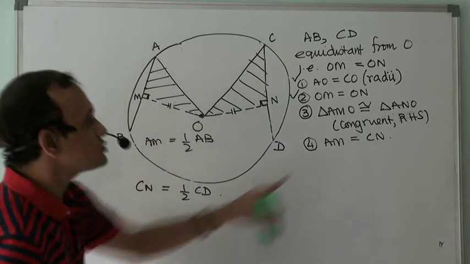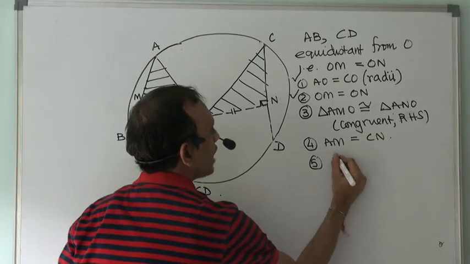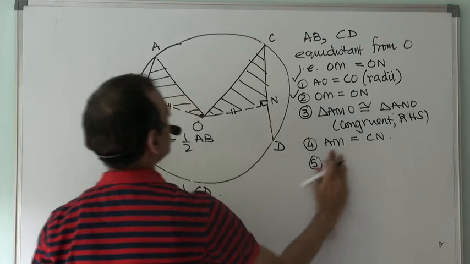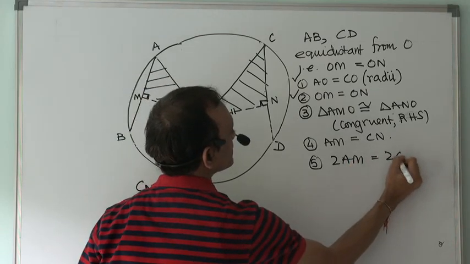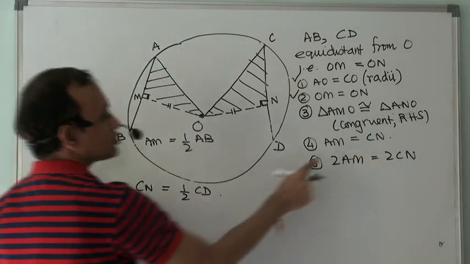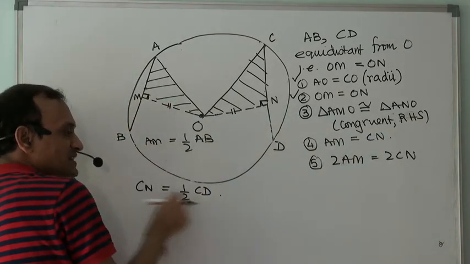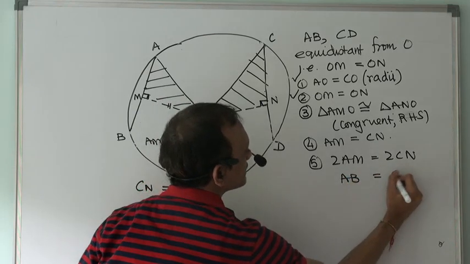So if AM is equal to CN, then twice AM must be equal to twice CN, right? But what's twice AM? AB. What's twice CN? CD.